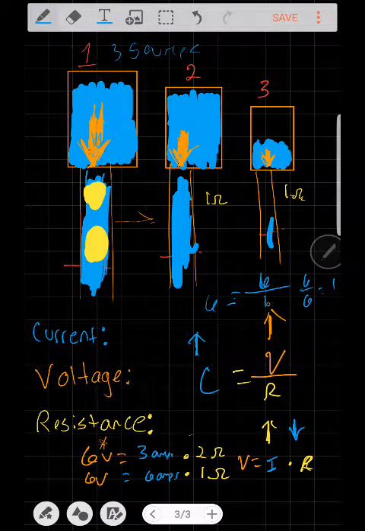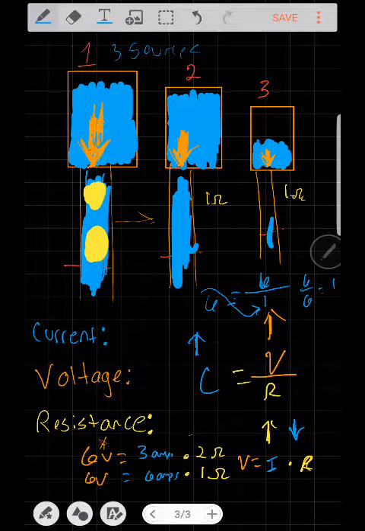That means that current and resistance have an inverse relationship. And that's what we said over here, right? That current and resistance have an inverse relationship. It's illustrated by this equation also. So things to keep in mind: current and voltage have a direct relationship where one increases, the other one increases, and current and resistance have an inverse relationship where when one increases, the other decreases. So current and voltage have a direct relationship, and current and resistance have an inverse.